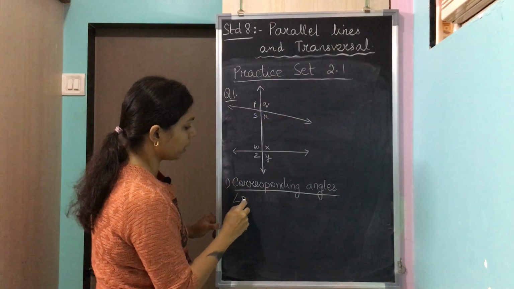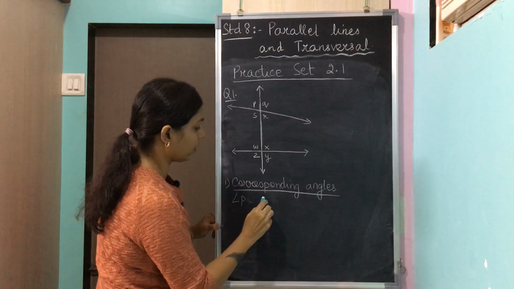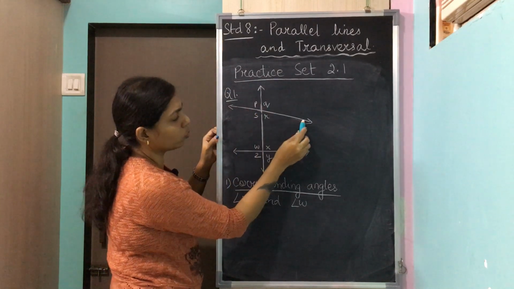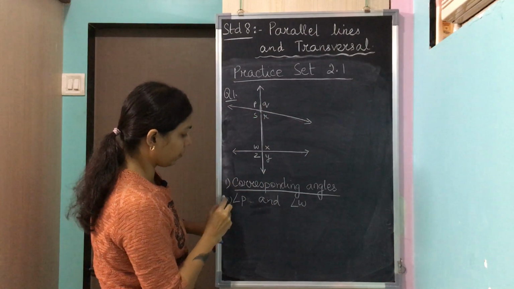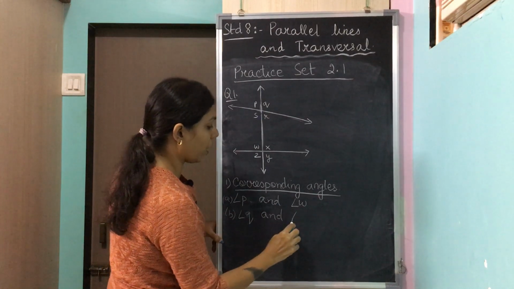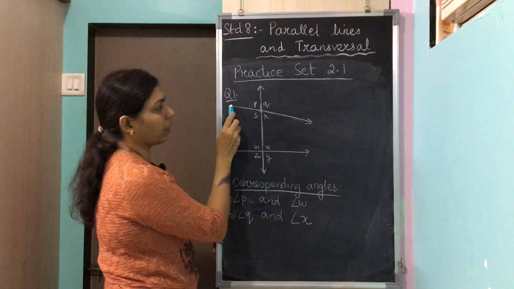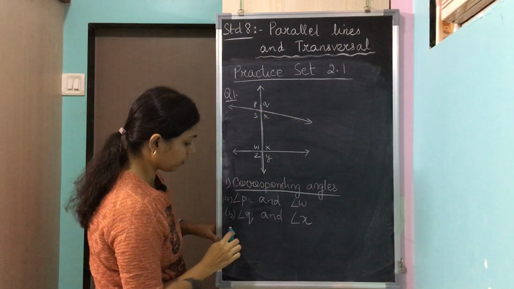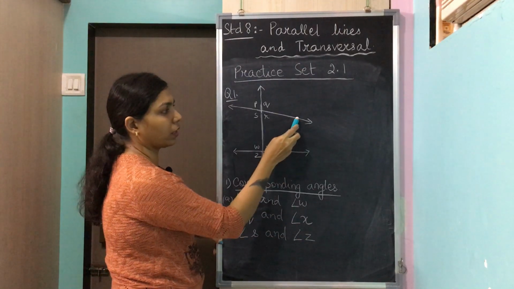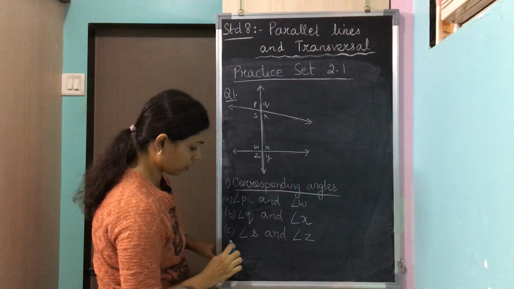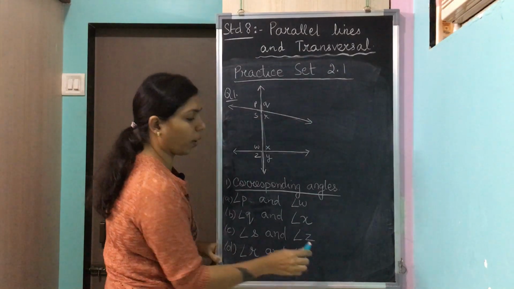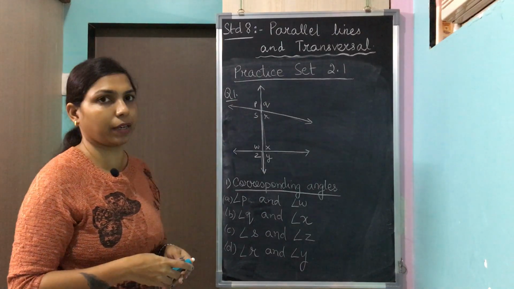So we have angle P and angle W. Then this angle over here, angle Q and angle X. Then if we look at the third pair over here, angle S and angle Z. And the fourth pair over here, angle R and angle Y. So these are your corresponding angles which are present in this particular diagram. Please copy it down.